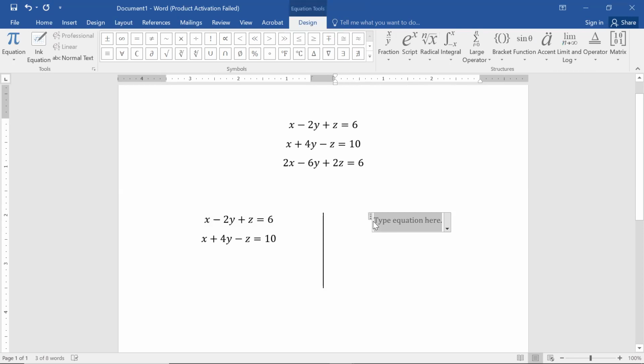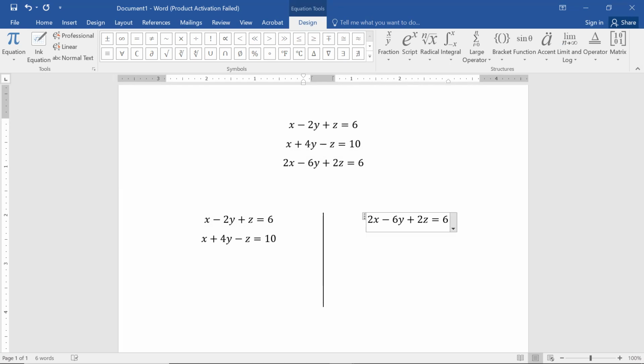Then I'll pick my second pair. Now, it doesn't matter which two pairs you pick. There's a lot of two pairs, but I'll just, for this case, pick equation number 2 and equation number 3. So equation number 3 is 2x minus 6y plus 2z equals 6.